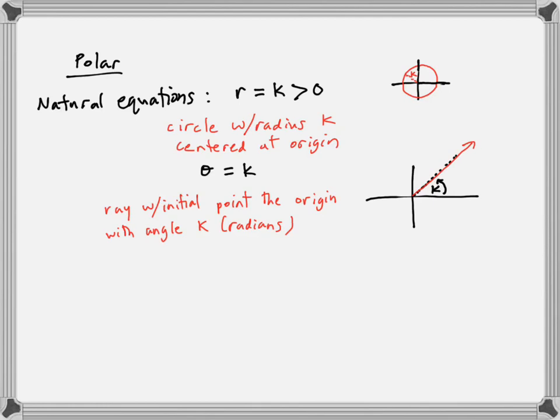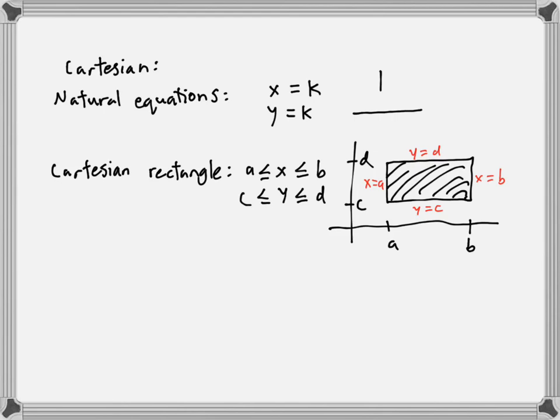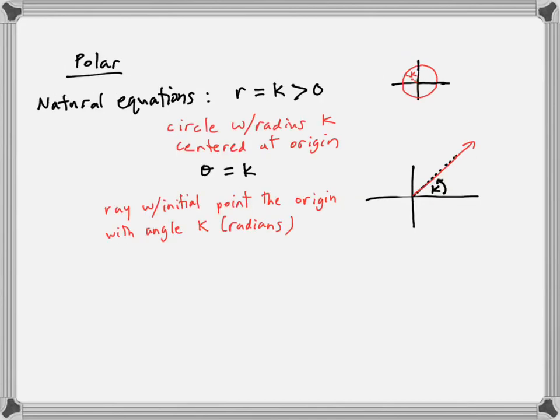So let's put rays and circles together. Just like rectangles in Cartesian coordinates are made out of taking these two pieces and building, letting x range from one to the other, letting y range from one to the other. We're going to do the same thing now with these two shapes, okay? So what does a polar rectangle look like?